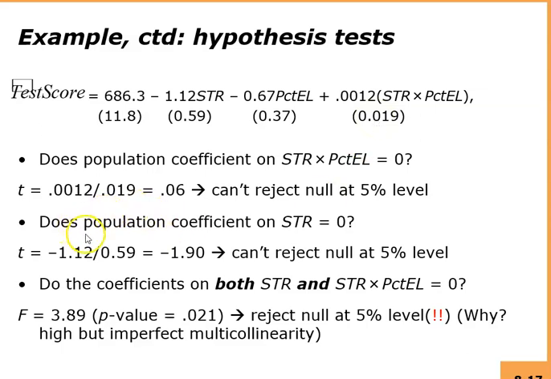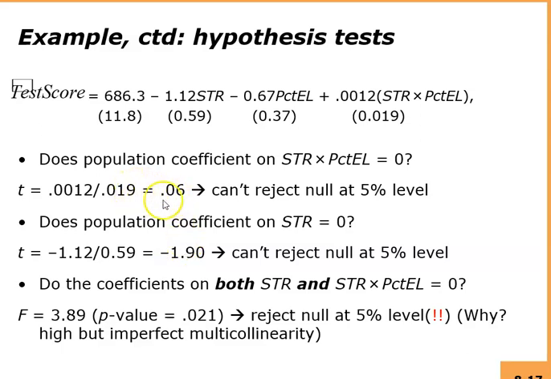Similarly, if you are testing the null hypothesis that the population coefficient on STR is equal to 0, we can also not reject this null hypothesis at the 5% level of significance.